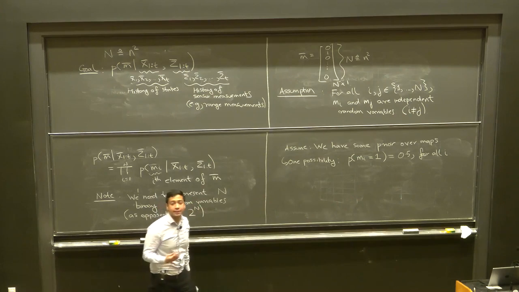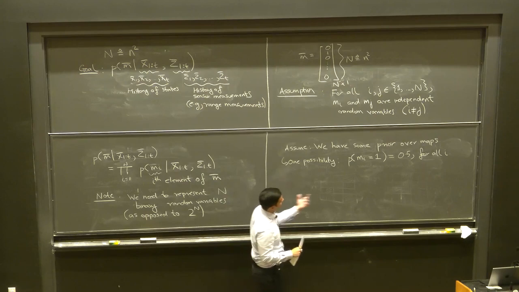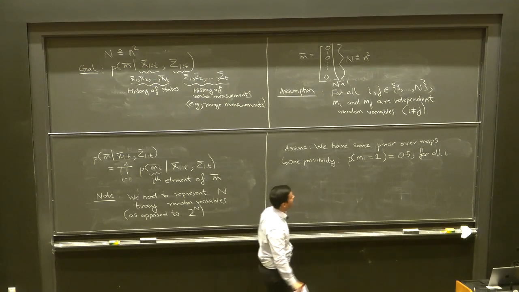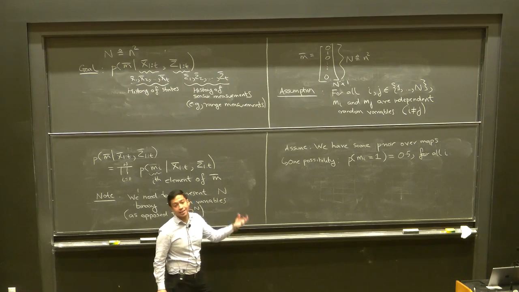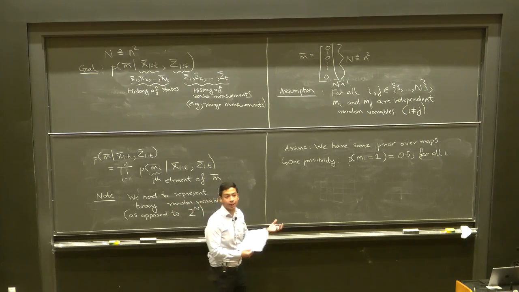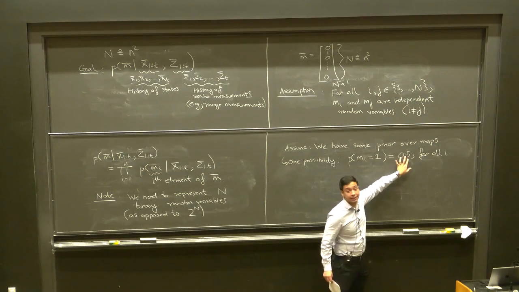Intuitively, this is saying that before the robot receives any sensor measurements, it's just a coin flip. Any particular cell is as likely to be occupied as it is to be unoccupied.